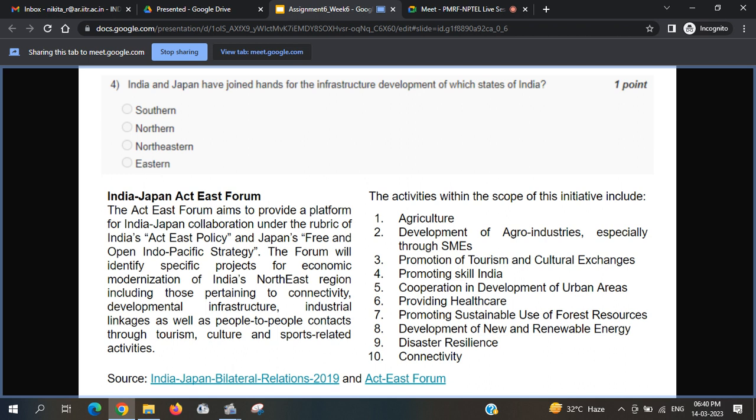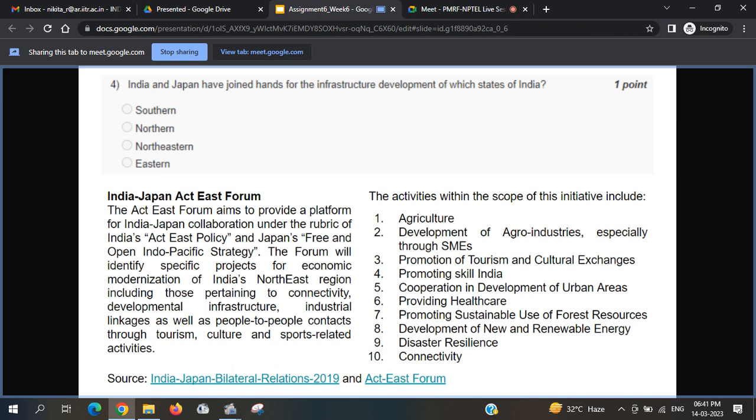This question actually talks about India and Japan's bilateral relations, and it specifically talks about the Act East Forum. The Act East Forum is a forum that exists to provide a platform for India and Japan collaboration under the rubric of India's Act East policy and Japan's rubric for free and open Indo-Pacific strategy.